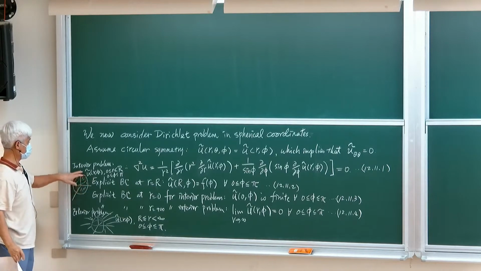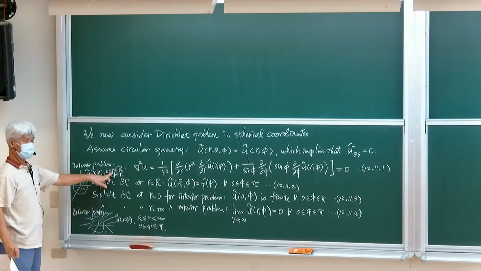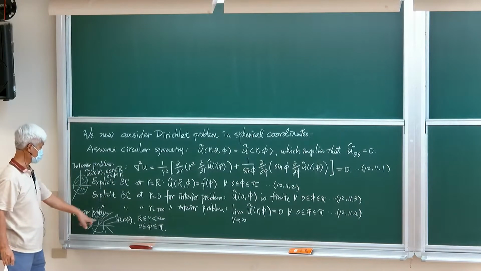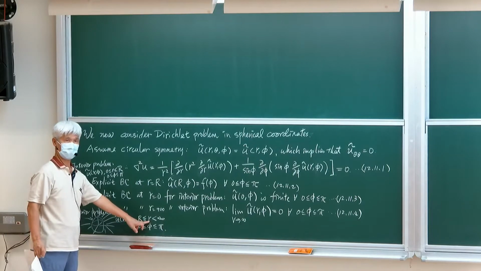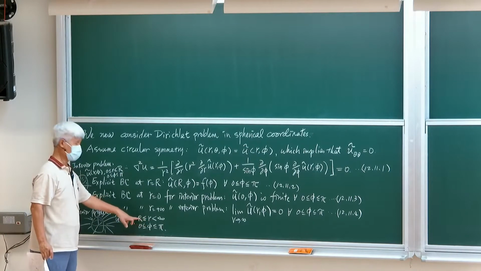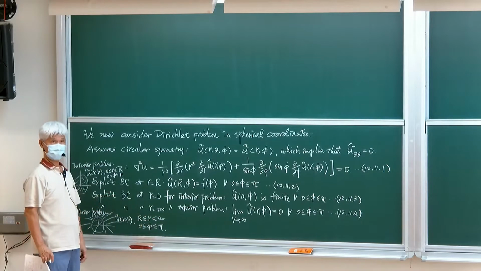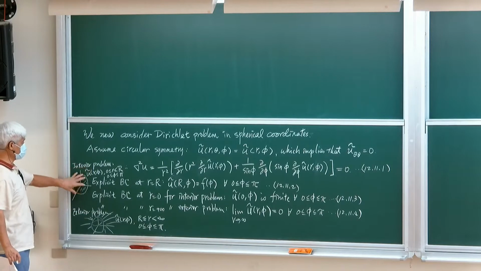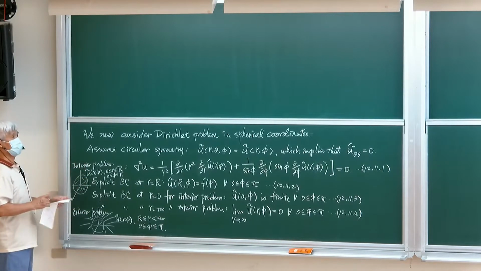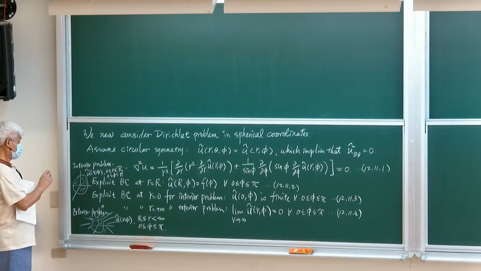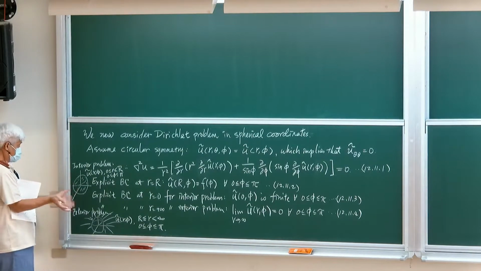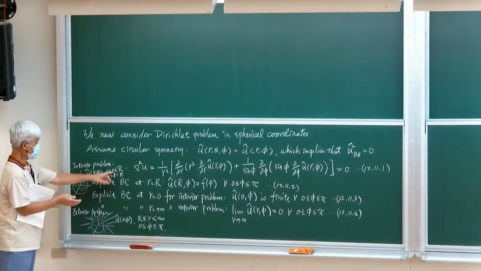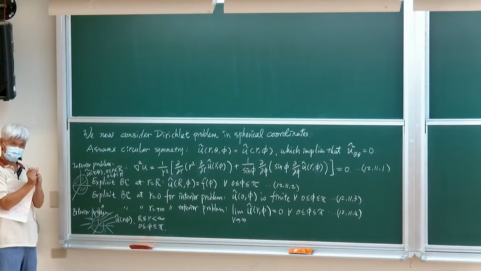So for the interior problem, the range of r is specified from 0 to big R. For the exterior problem, the r parameter is greater than or equal to R, but less than infinity. So the boundary for the interior problem would be the surface of the sphere with radius big R, and the center of the ball.